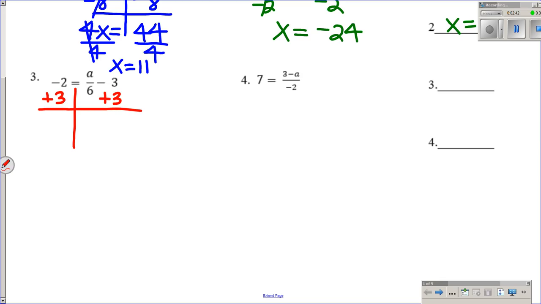If we simplify on the left, negative 2 plus 3 is positive 1, and this equals a divided by 6. To undo division, we're going to multiply both sides of the equation by positive 6. 6 times 1 is 6. On the right side, our 6's cross reduce or cross cancel, and we have our variable a by itself. So our final answer for number 3 is a equals 6.